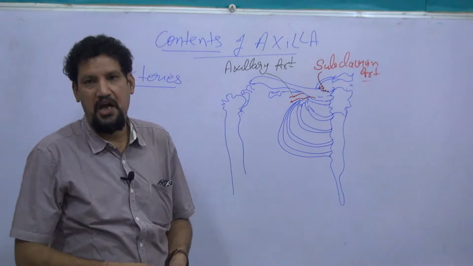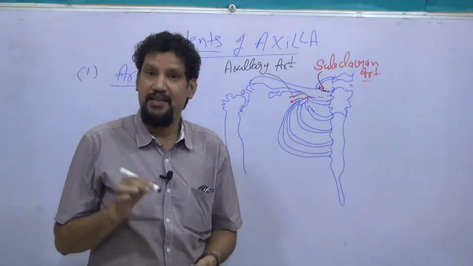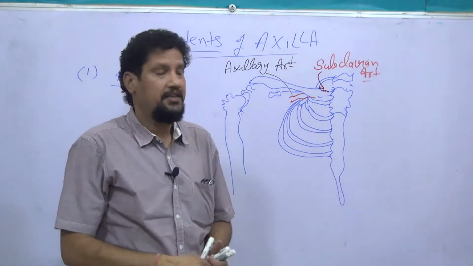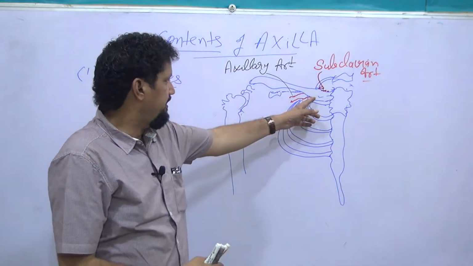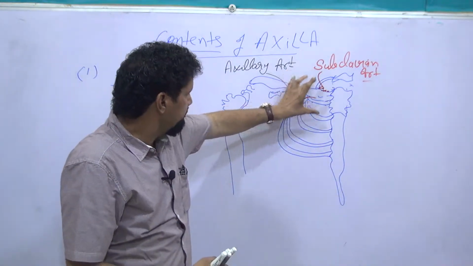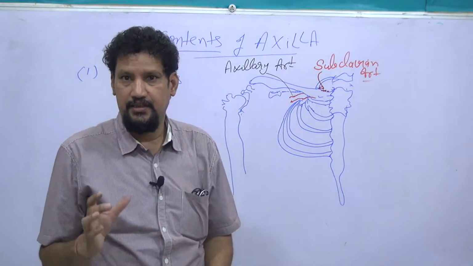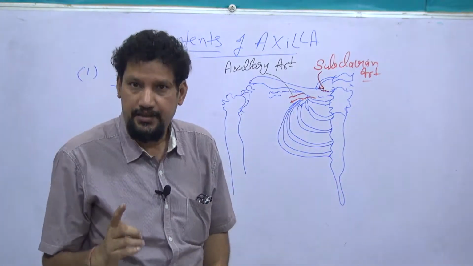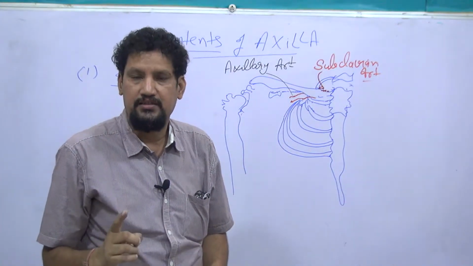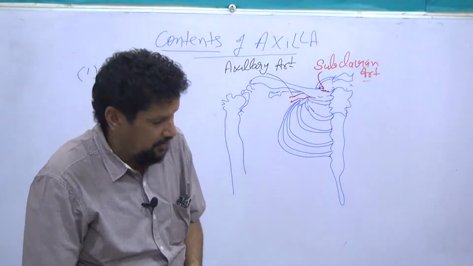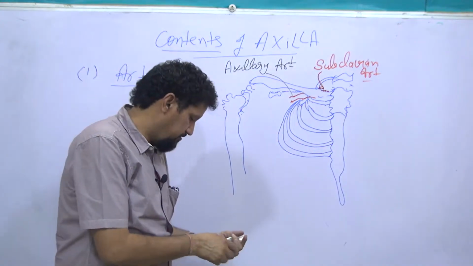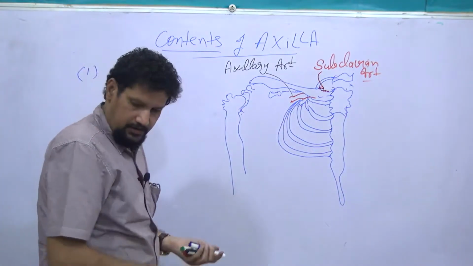Axillary means armpit. So it is appearing in the armpit through the apex of the axilla, and in this region of the axilla, the key muscle is pectoralis minor muscle. So pectoralis minor muscle is here.